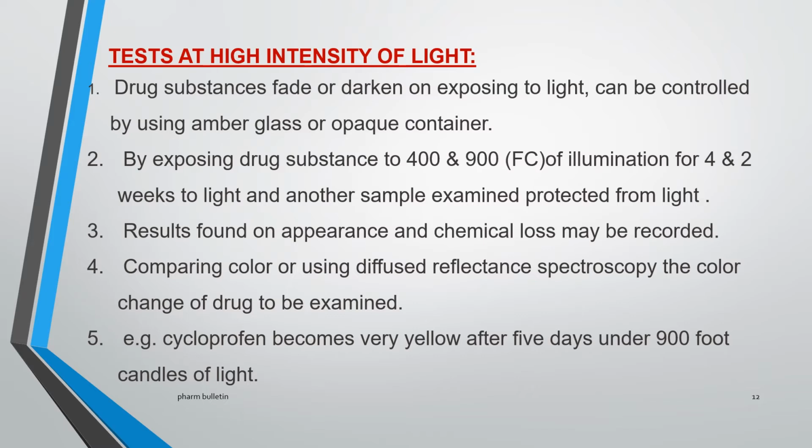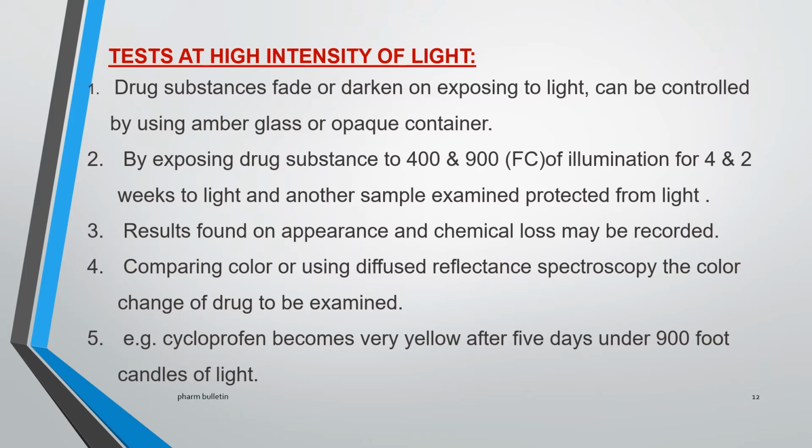Here the drug product or drug substance is exposed to 400 and 900 Fc. Fc is foot-candles, a unit of light illumination, for 2 weeks, while another sample is protected from the light. Here we record the appearance and chemical loss.